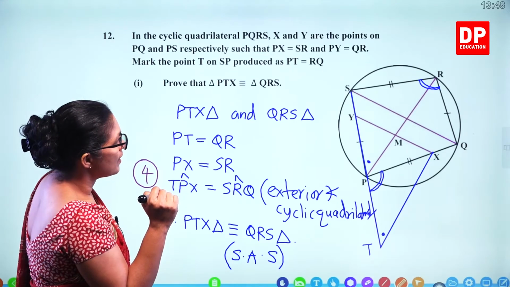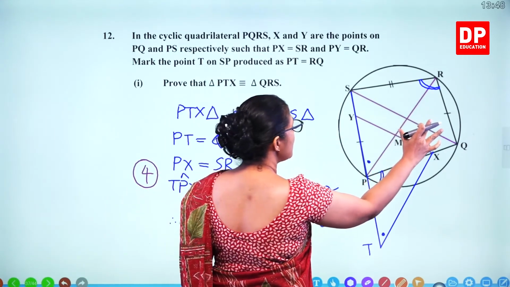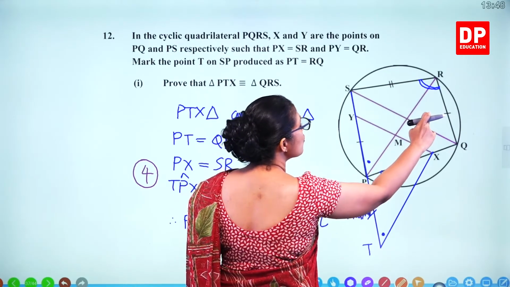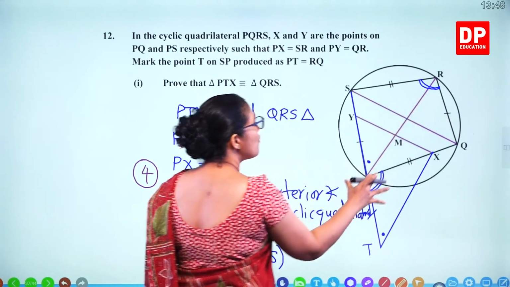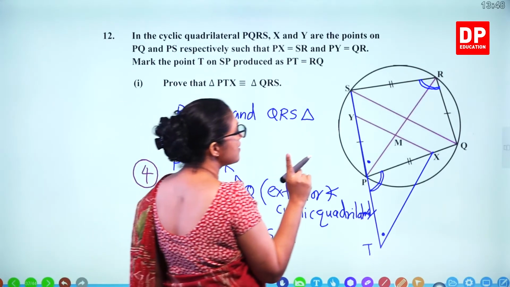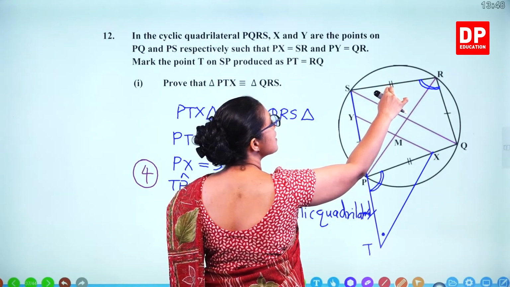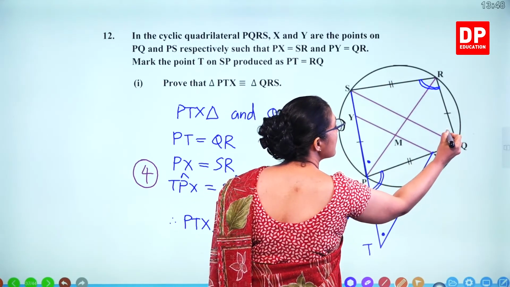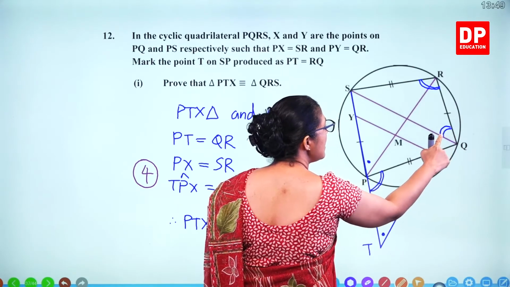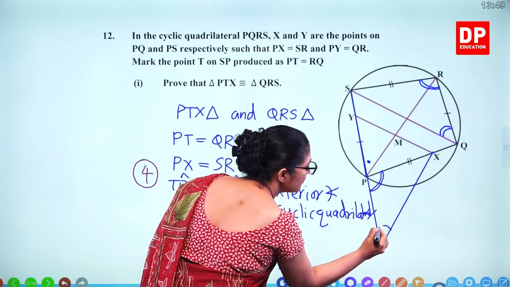How can we show that? We can show that now. Look at the diagram. So this angle, now we prove that the two triangles are congruent. So two triangles are congruent means we can say opposite to this double line, that's this angle. This angle is same as opposite to double lines, this angle.